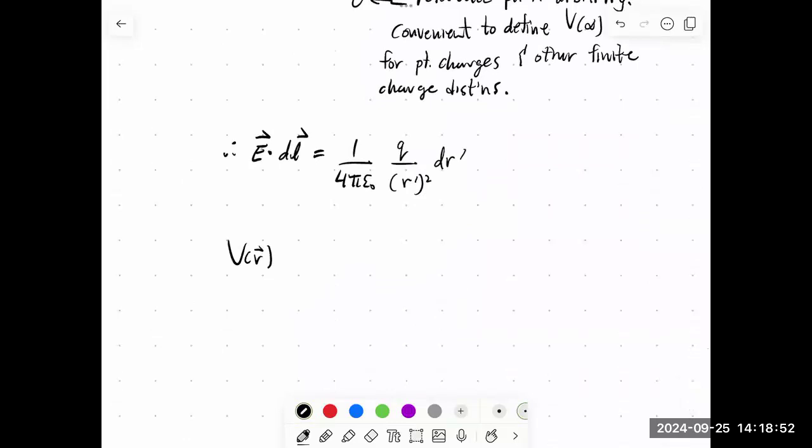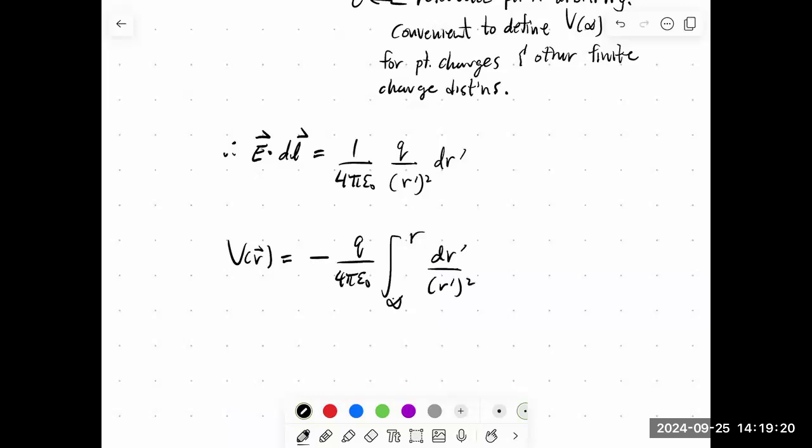So then this potential is minus this line integral, so we get the minus sign. Q and 4πε0 are all constants, and we go from our reference point, which we're going to say is infinity, some distance away to r, and then we have dr prime over r prime squared.